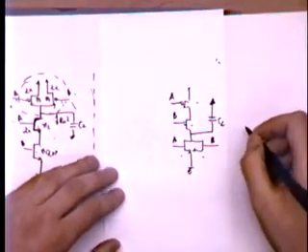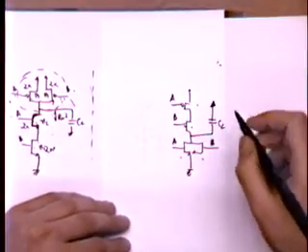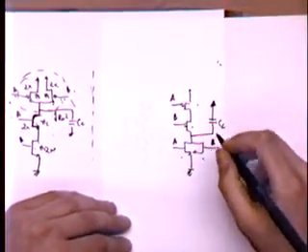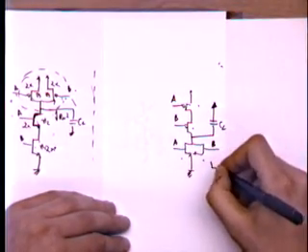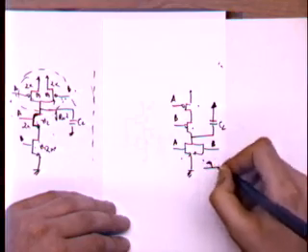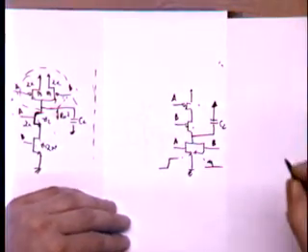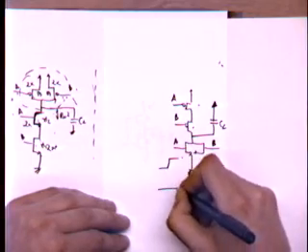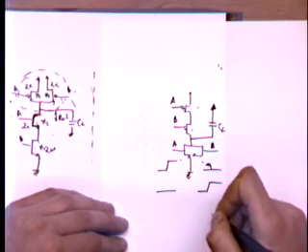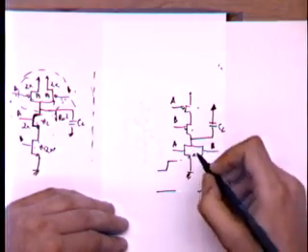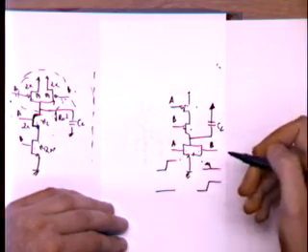Okay? So again, let's look at what's the worst case transition now. For the high to low case, the worst case transition happens when B is stuck at 0, let's say, and A goes from 0 to 1. Okay? Or equivalently, A is fixed at 0, and B goes from 0 to 1. In this case, only one of these two pull-down devices is going to be active, okay?